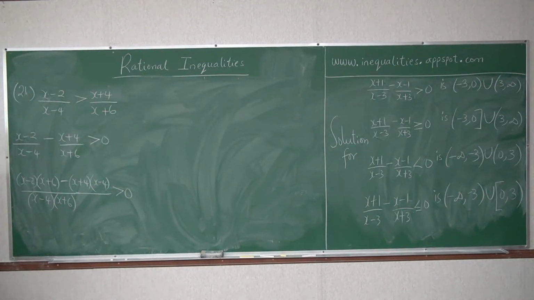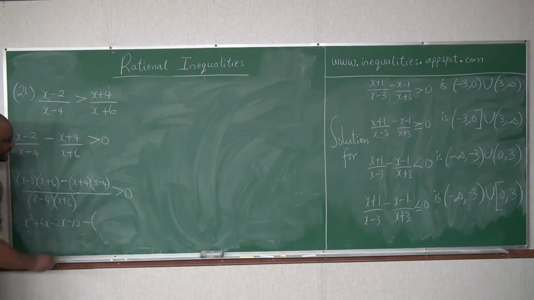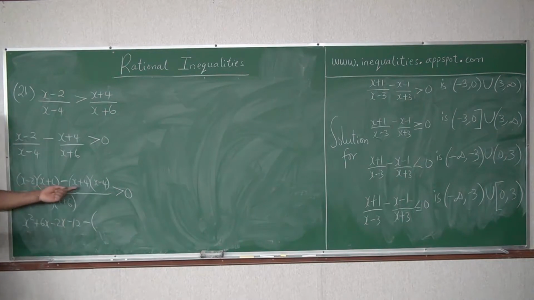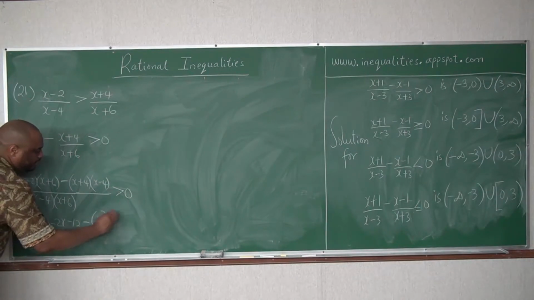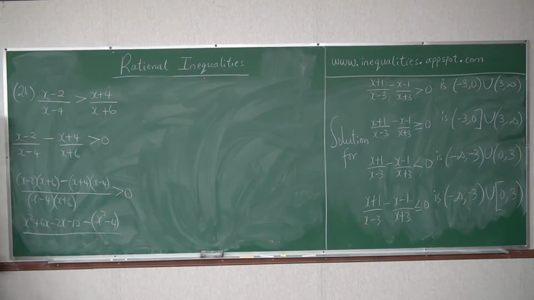So this means that x squared plus 6x minus 2x minus 12, minus, put a parenthesis here, this is difference of 2 squares. So this is x squared minus 16, sorry, my bad.